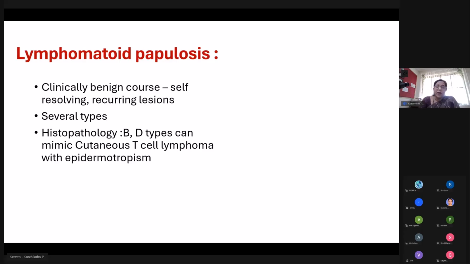Lymphomatoid papulosis, the other DD that you mentioned, the B and the D types, can very closely mimic cutaneous T-cell lymphoma. But in this case, clinically, lymphomatoid papulosis has a very benign course. Patients usually have self-resolving and recurring lesions, so this did not fit in our case. Moreover, lymphomatoid papulosis is usually seen in a younger age group.